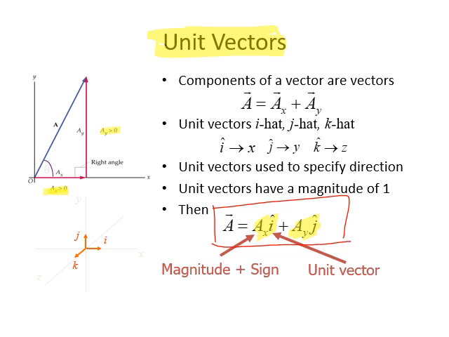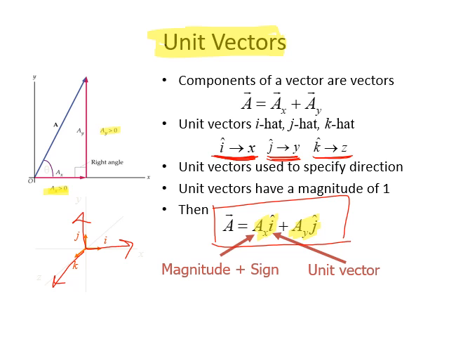This i cap is giving us the direction along the x-axis. So any direction on the x-axis is i cap, any direction on the y-axis is given by j cap, and any direction along the z-axis is given by k cap.